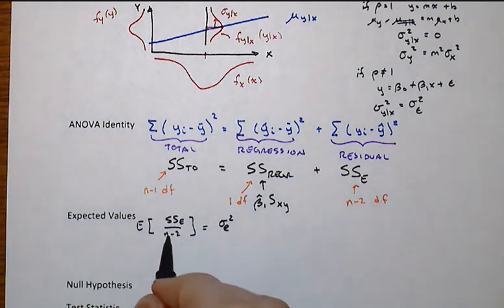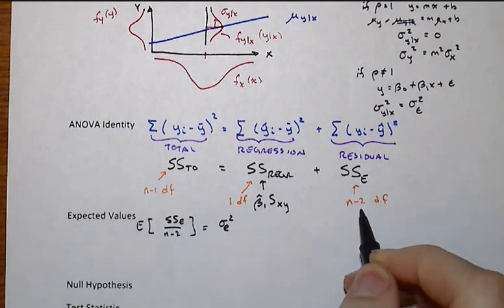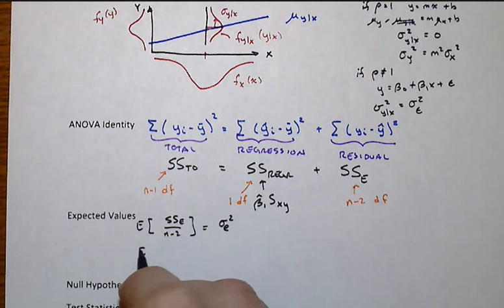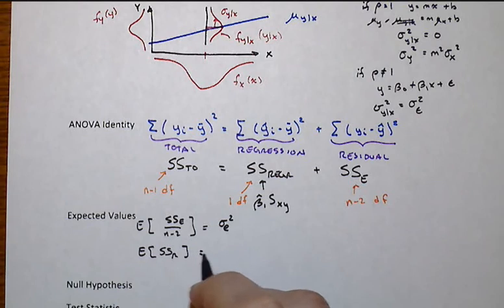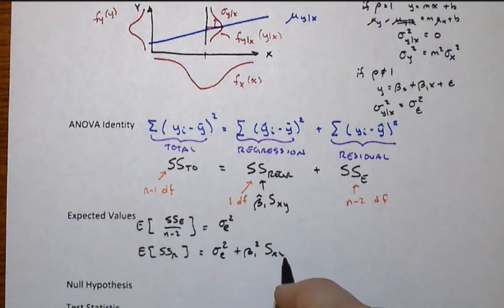And there's that n minus 2 to make this an unbiased estimator. That's where we're getting the n minus 2 degrees of freedom from, right? And then we find out also that the expected value of the sum of squares for the regression is equal to this error variance plus beta 1 squared S sub xx.